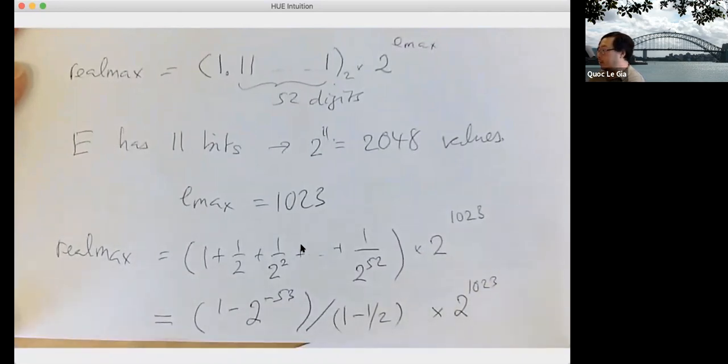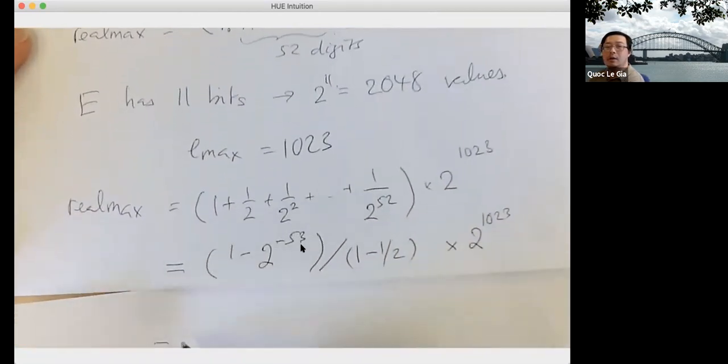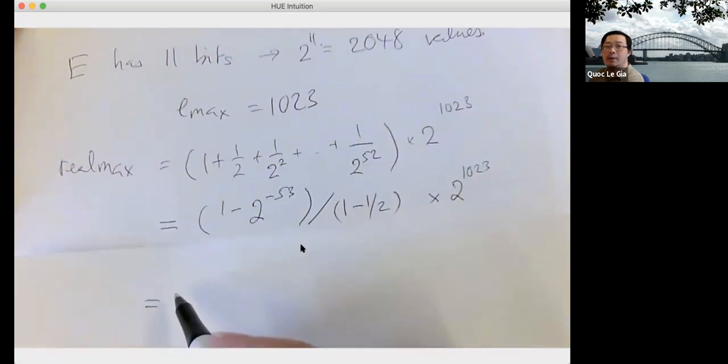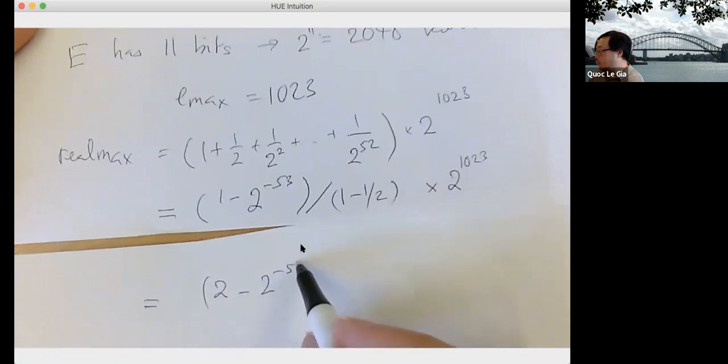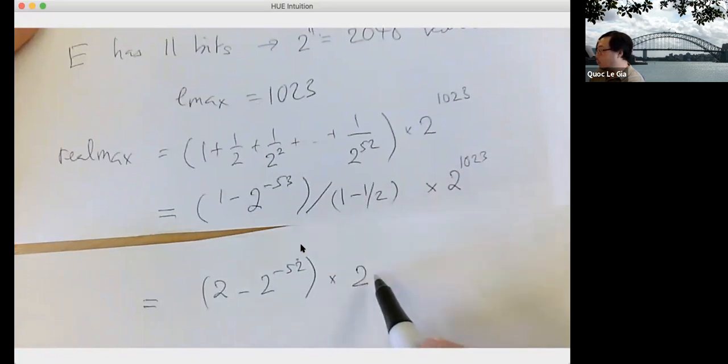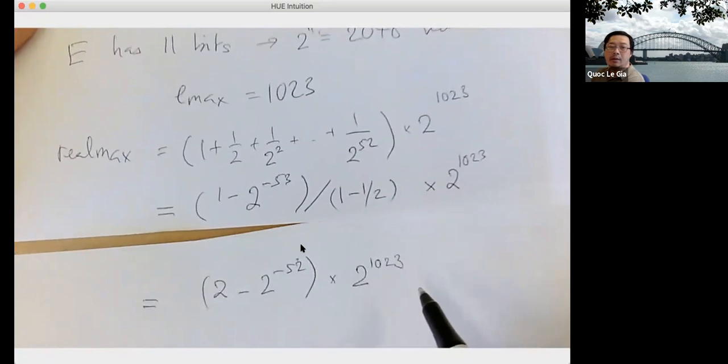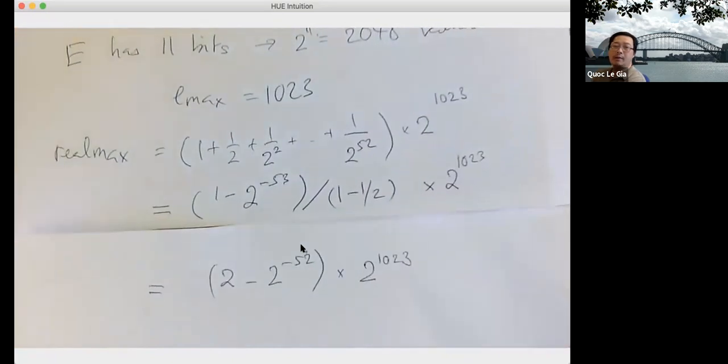I simplify it, any question? Then I get 2 minus 2 to the minus 52, multiplied by 2 to the 1023. That is my final formula for real max.